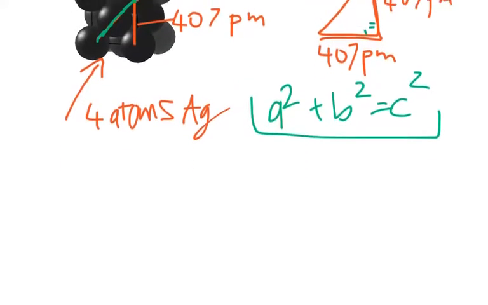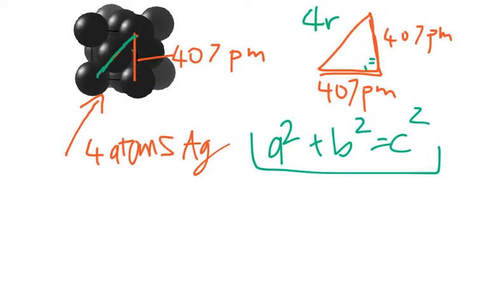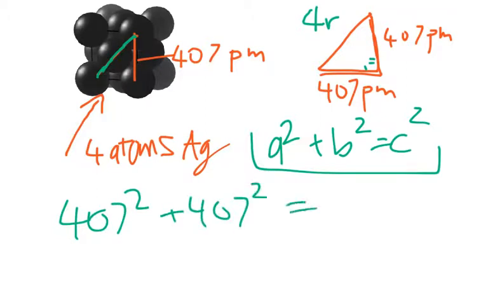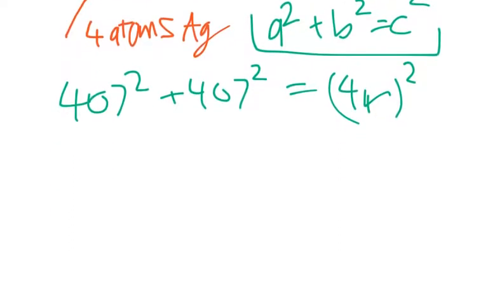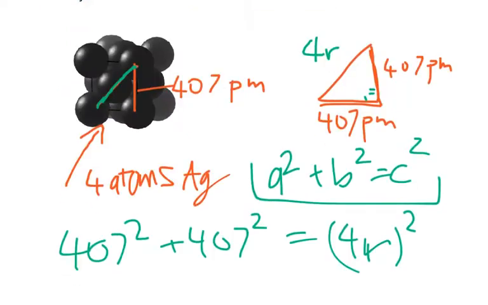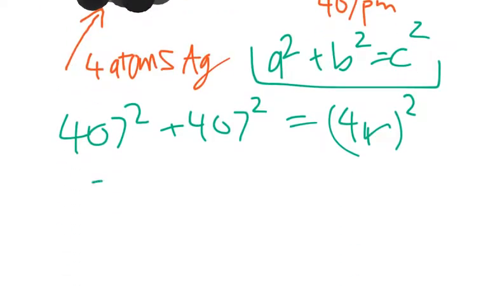So we are prepared because we know our formulas, and we know that a and b are 407 squared and 407 squared, and c squared will just be (4r) squared. Don't forget the parentheses. So now we just have to solve it algebraically. 407 squared times 2, because there are 2 of the 407 squareds, we will get 331,298.